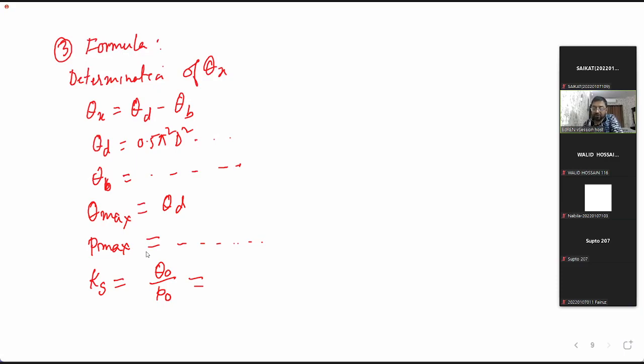Or I have to find out the formula. Yes, the formula, please note, it is in a slide. Okay, again the formula for Ks.